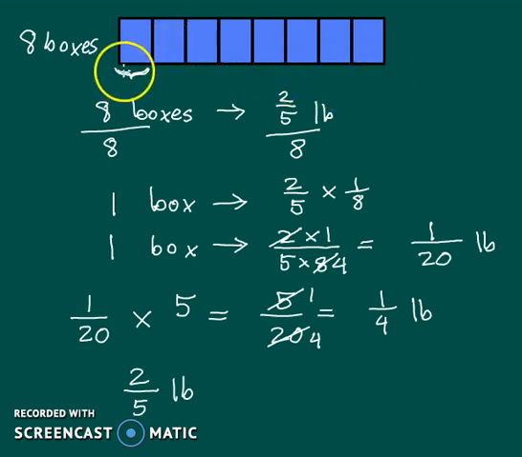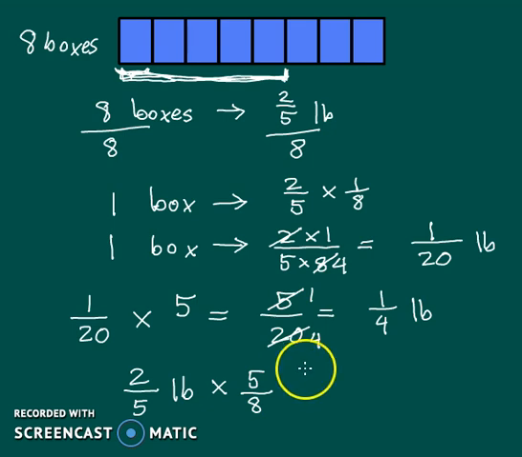What if I only want to know the weight of 5 of these units? So up to there. Only 5 of these units. So 5 of these units are represented by 5/8 of this entire bar. So essentially, I'm just looking for 5/8 of the weight that I was originally given.